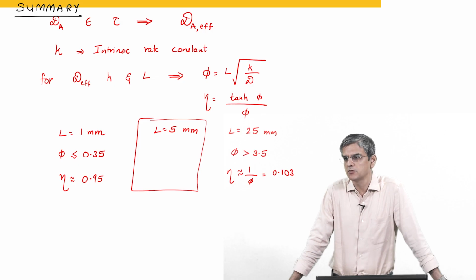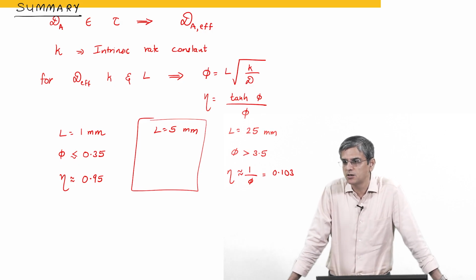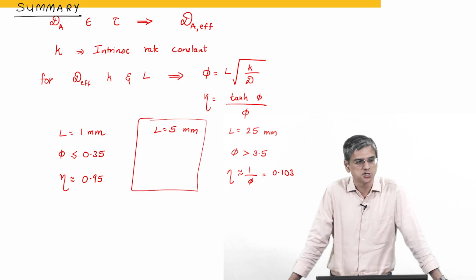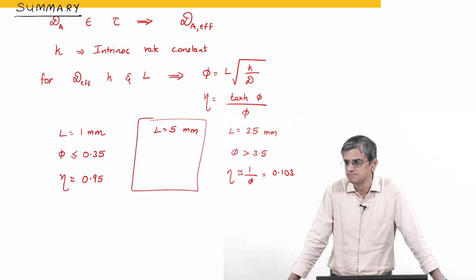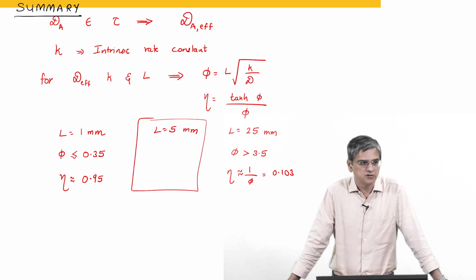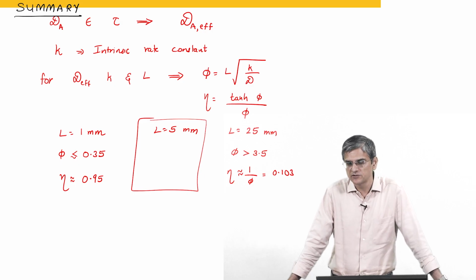This is essentially, when it comes to problem solving, what we have done today. Given a diffusivity, epsilon and tortuosity, calculate effective diffusivity. Given effective diffusivity and K, calculate the values of phi and the value of L. From the value of phi and the value of L, you calculate the effectiveness factor.